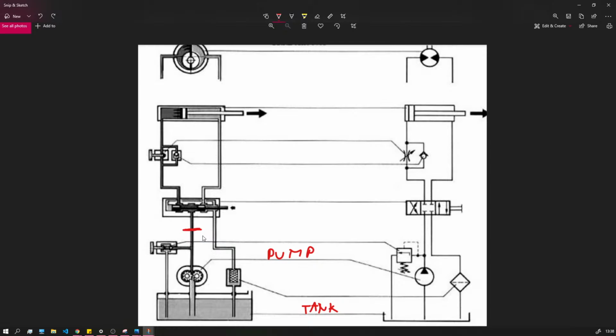Now the problem is that if we have that kind of situation where we are meeting a wall that doesn't move, that doesn't give, the kinetic energy given from the pump just keeps converting into potential energy. That means that the pressure is rising.